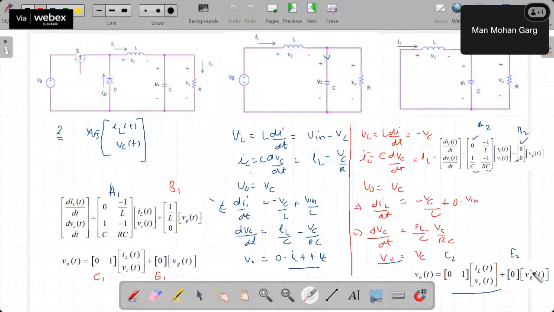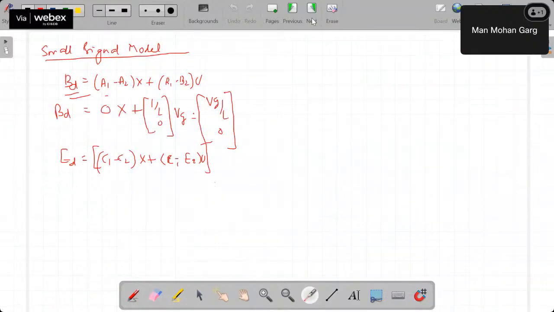Similarly, E1 and E2 are both the same. So the difference will be 0 only. So this is 0 into X plus 0 into U. So the final outcome will be 0. ED will be 0. So we have found BD and ED also.